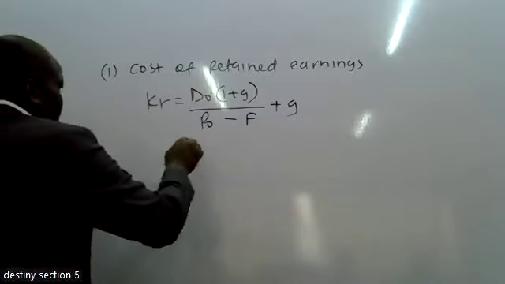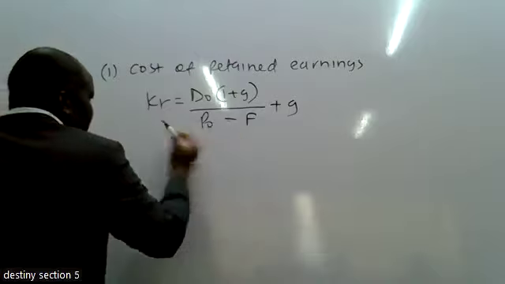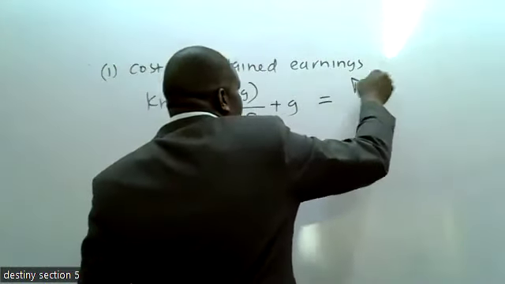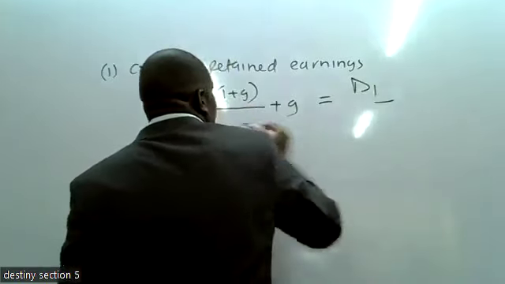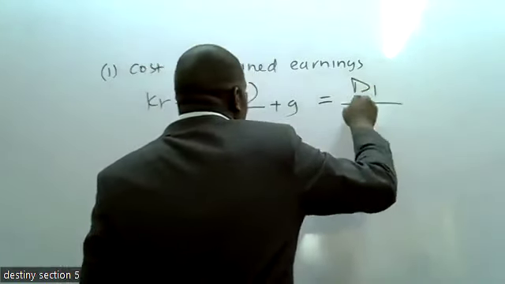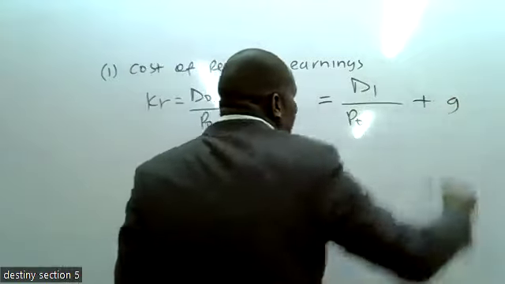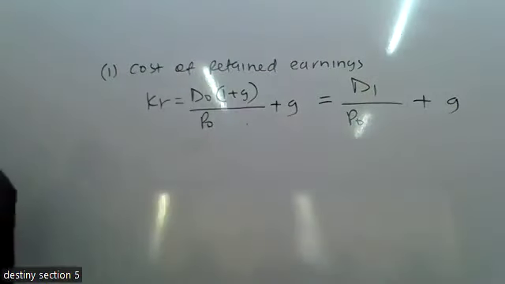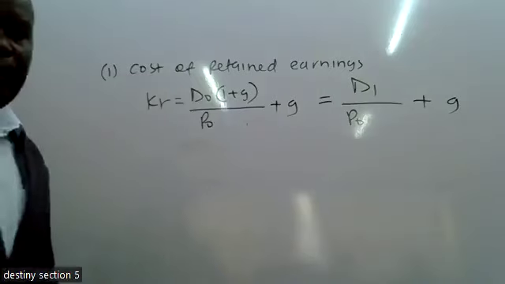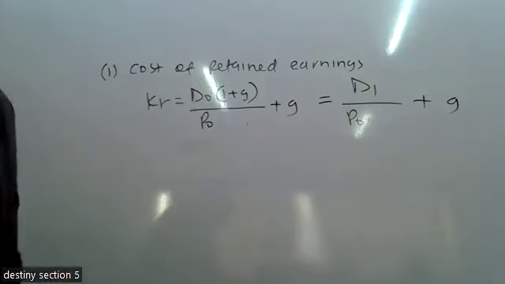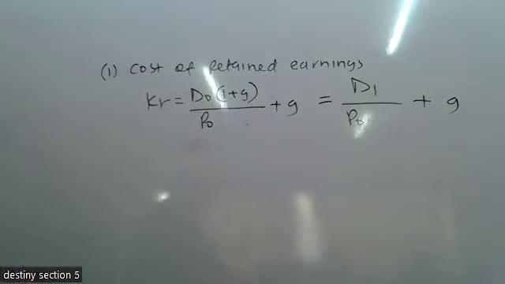Just the same as D1 divided by P0, where G is the growth rate.